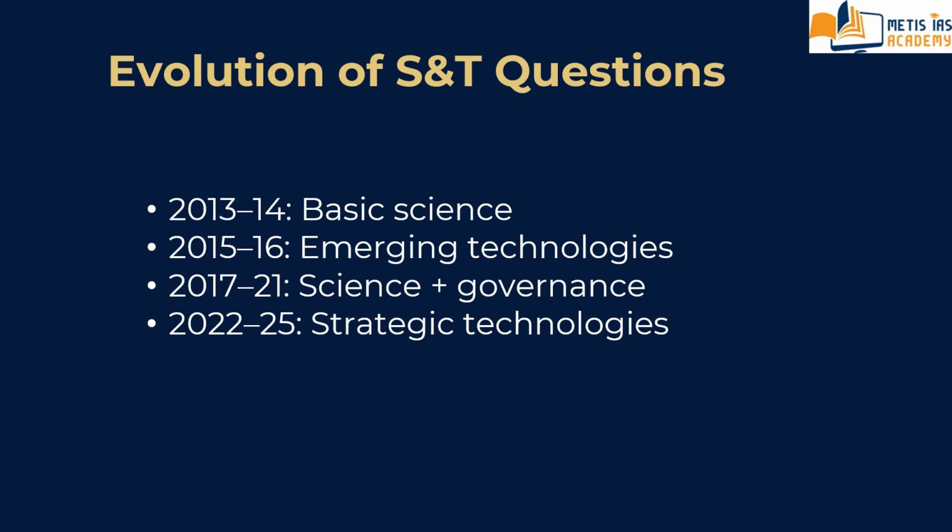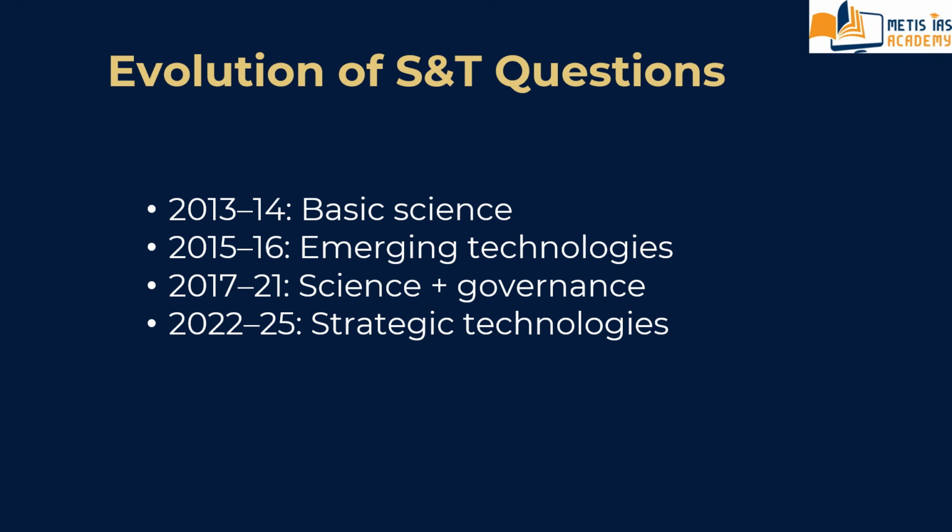But if we carefully analyze UPSC prelims papers from 2013 to 2025, something very clear becomes visible: science and technology questions in UPSC are not random. UPSC repeatedly tests a few technological ecosystems that are shaping the modern world. And once we recognize these ecosystems, the subject becomes much more controllable and predictable.